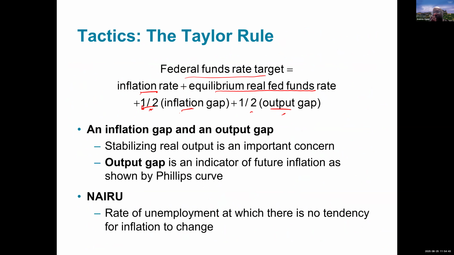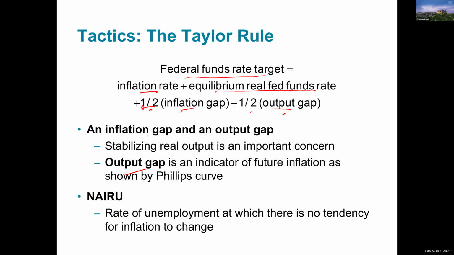When inflation rises just 1 percentage point above target, the Fed raises the interest rate by 1.5%. But when output falls by 1 percentage point below target, the Fed only cuts the interest rate by 0.5%. So the Fed will move more aggressively to solve the inflationary problem than the unemployment problem due to a recession when output is falling below target.